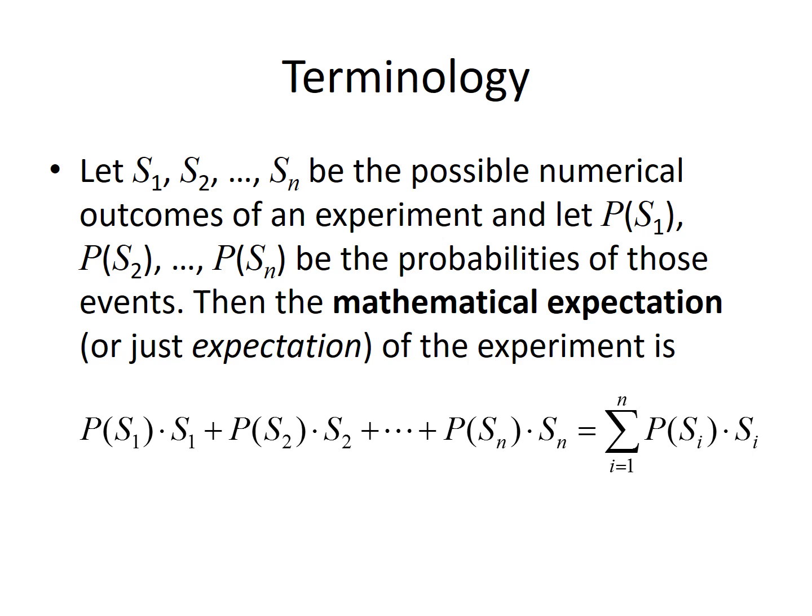Then the mathematical expectation, or just expectation, of the experiment is this formula below, which merely says that we sum up the products of the numerical outcomes times the probability of receiving such an outcome from this experiment. And we'll see a lot of examples of this in this demonstration.